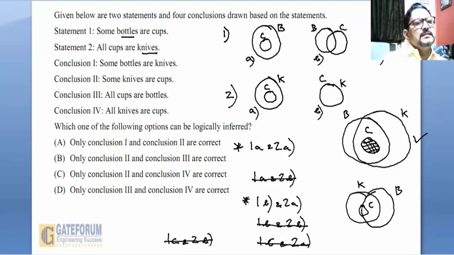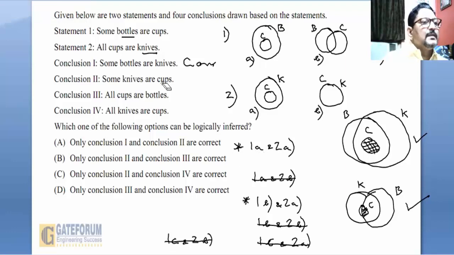So obviously this portion, the minimum of knives, must always be bottles. So this is also true here. When both of them show the truth, I will say that this conclusion must definitely be correct. So this is correct.